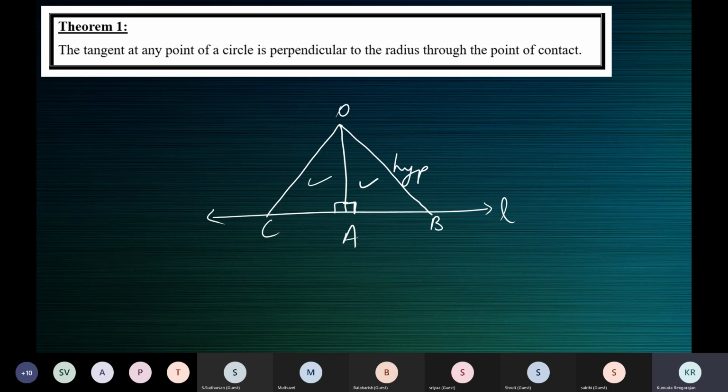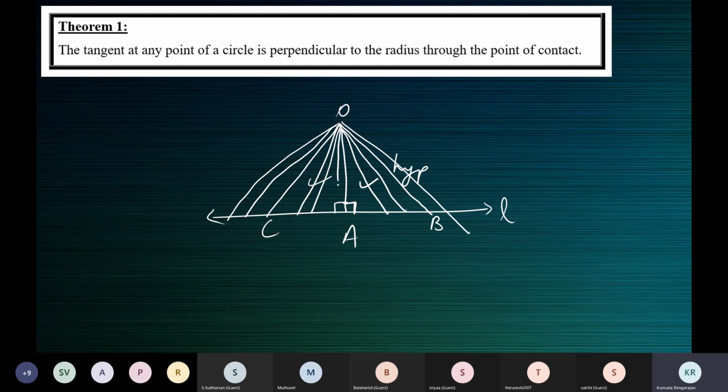So OA is shorter. Like that, when you compare the length of OA to any other distance, using the same idea, all of them will be the hypotenuse in the respective right triangles. And everywhere you will get the result that OA is shorter.